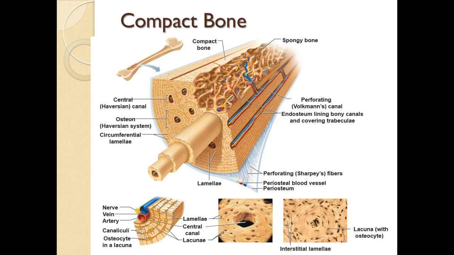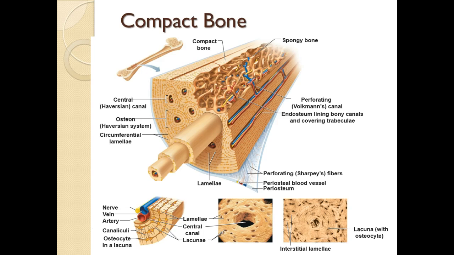So those concentric rings are called the lamella. Lamella are the concentric rings of bone that make up the osteon. Okay, so that's the lamella.